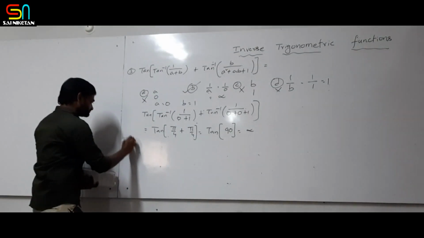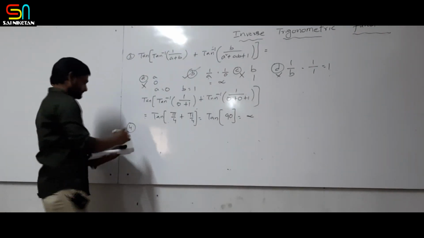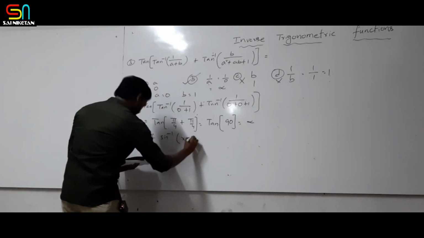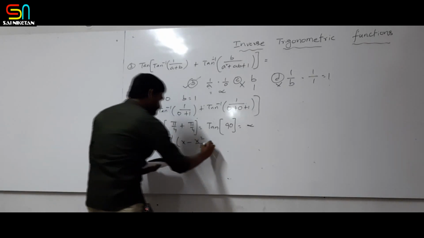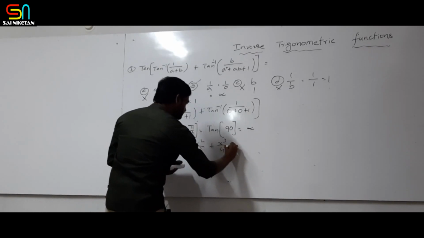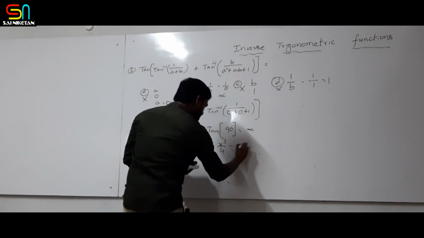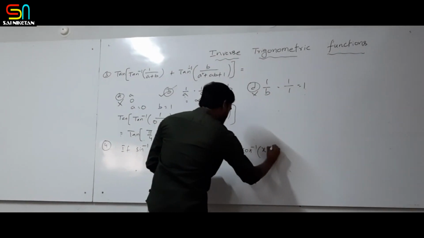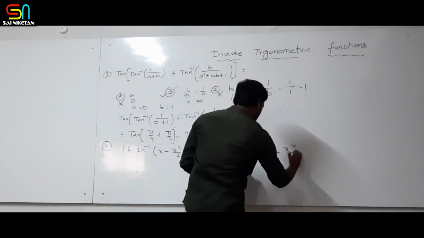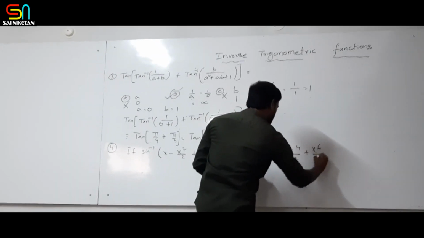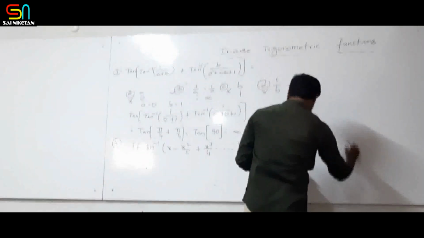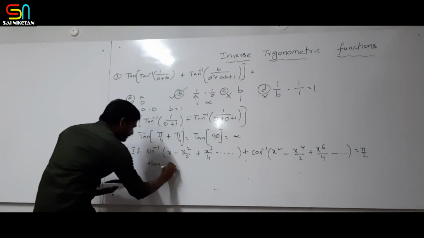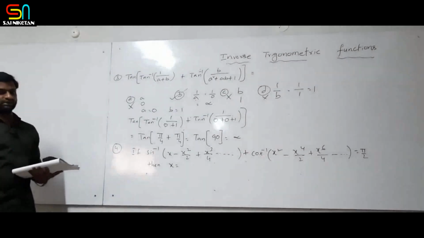Now come to the fourth problem. If sine inverse of x minus x square by 2 plus x cube by 4 and so on, plus cos inverse of x square minus x power 4 by 2 plus x power 6 by 4 and so on, is equal to pi by 2, then what is the value of x?